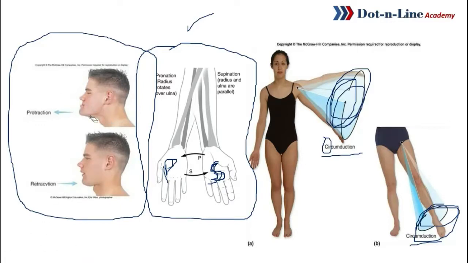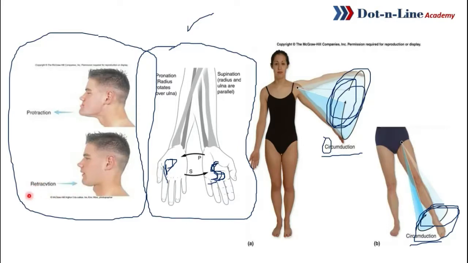When we make this mandible move forward, like you move the mandible forward, yes, what you are doing, you are protracting. And the opposite of it, bring that mandible back towards the body, right?